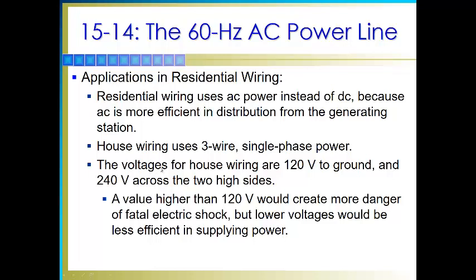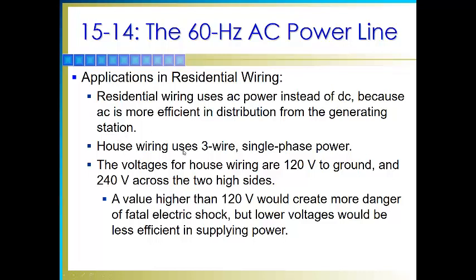Okay. Here are some applications in residential wiring when it comes to power lines. All residential wiring uses AC power instead of DC because AC is more efficient in distribution from the generating station. In other words, it is easier to transmit and distribute AC power than DC power.